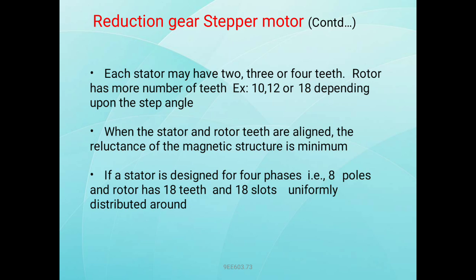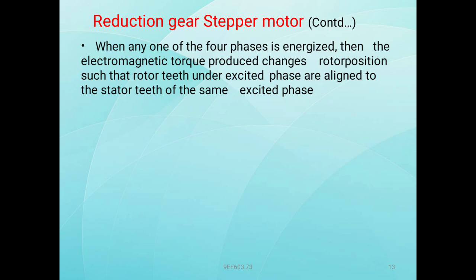If a stator is designed for 4 phases, that means 8 poles, and the rotor has 18 teeth and 18 slots uniformly distributed around, when any one of the 4 phases is energized.